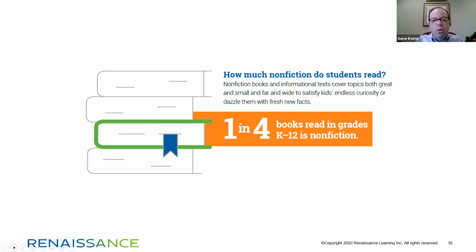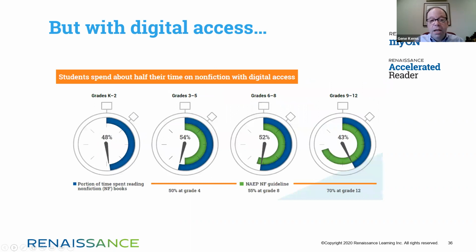nonfiction that they read. But when they have myON, meaning that a massive collection of informational text is available to them literally at their fingertips, the amount of reading of nonfiction that they do essentially doubles, plus or minus just a little bit. You see anywhere from 43 to 54%.